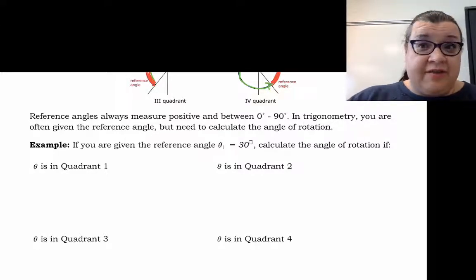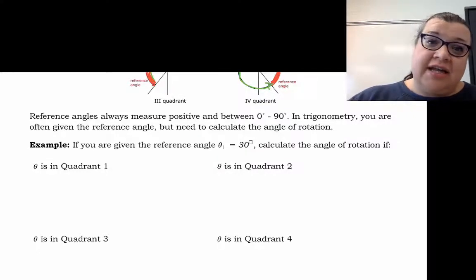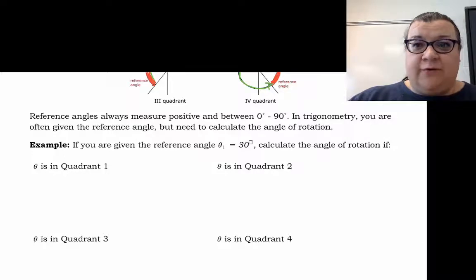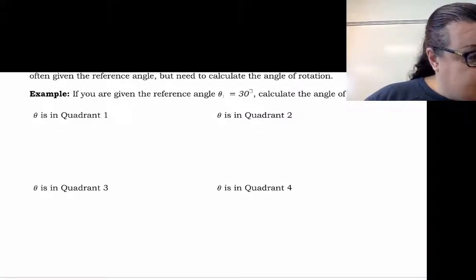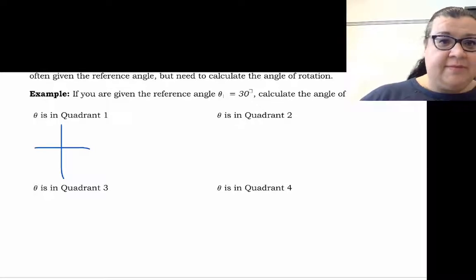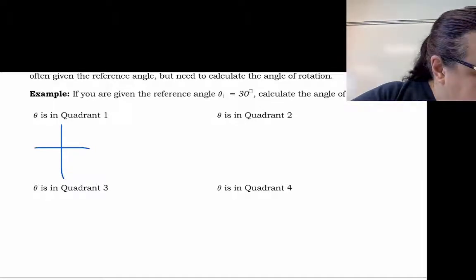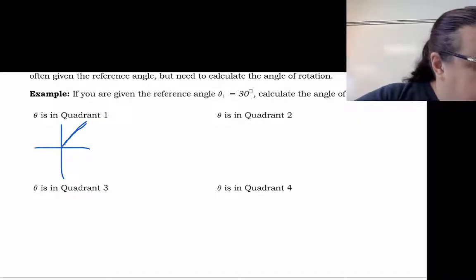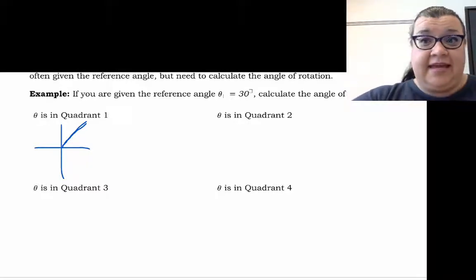We're working with a reference angle of 30 degrees, and we want to calculate the angle of rotation if the angle is in these 4 quadrants. Okay? All right, so again, I'm just going to start off by drawing a little sketch of a coordinate grid. It's my x and my y axis. So if the principal angle is in quadrant 1, your principal angle and your reference angle are the same thing.